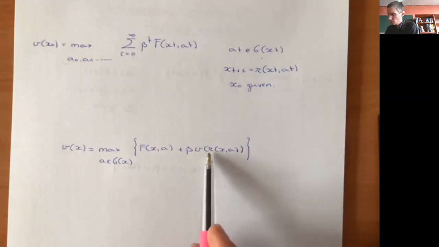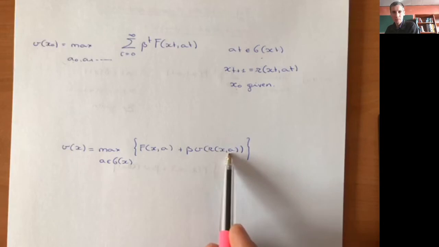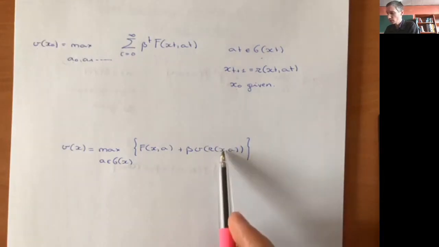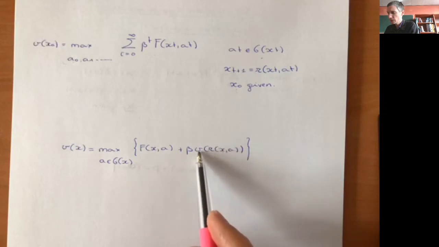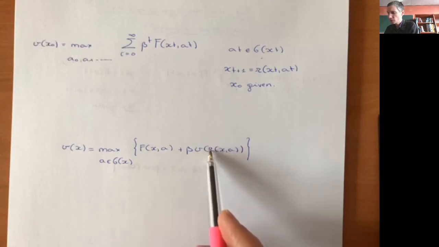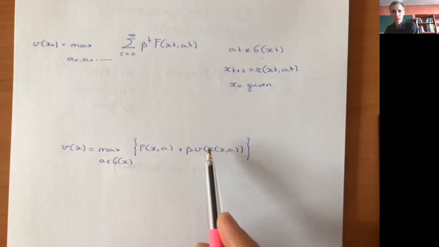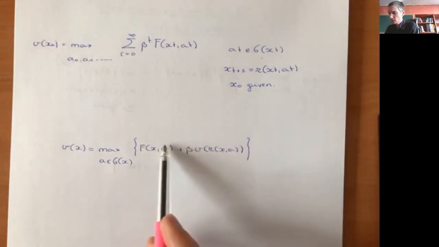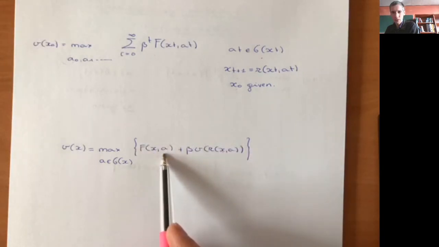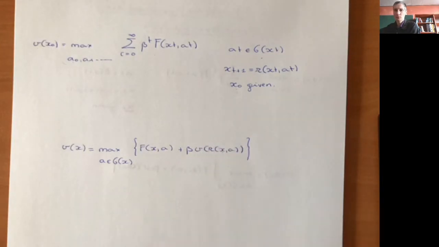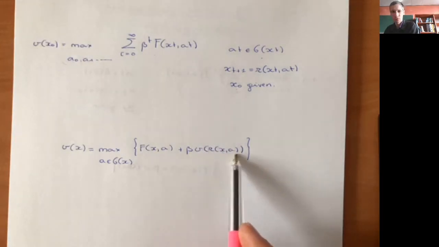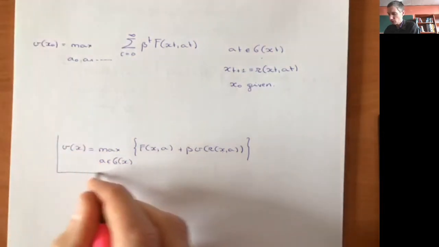So r(x,a) is the state tomorrow, right? Given the state x today and the action a today, this is the state tomorrow. So this is the value starting at the state tomorrow. Here we're maximizing our payoff today plus beta times the payoff of the state starting tomorrow. Okay, so this is the infinite future. So this is our Bellman equation.